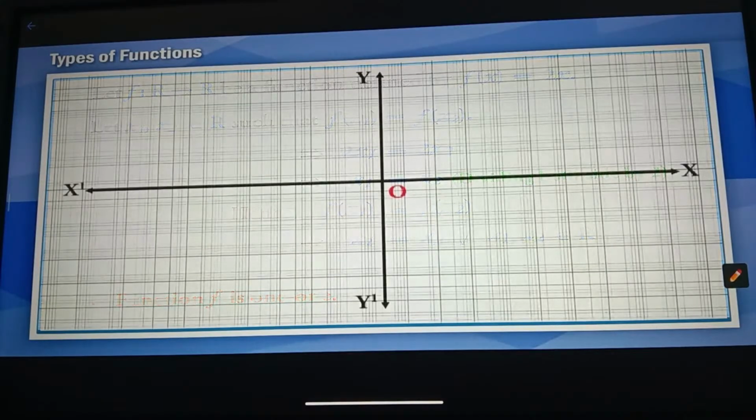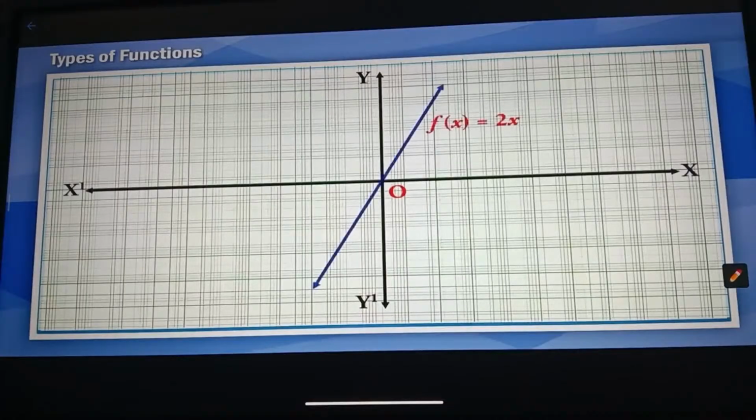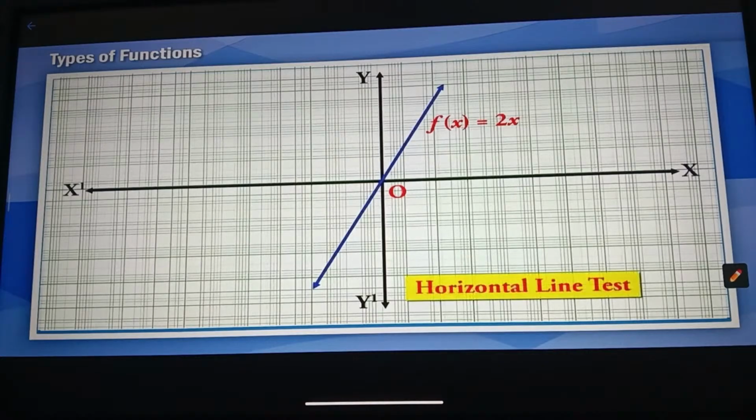This diagram shows the graph of the function f of x is equal to 2x. Given the graph of a function, you can check whether it is 1-to-1 or not with the help of a test known as the horizontal line test.